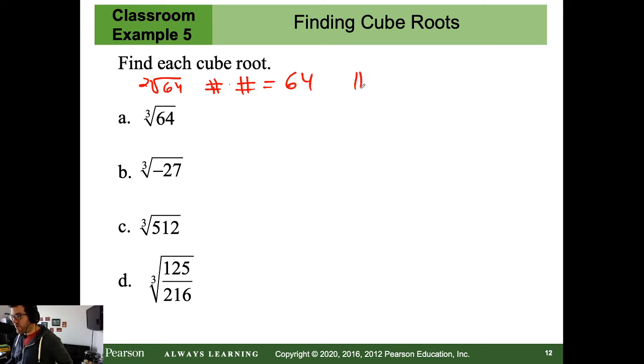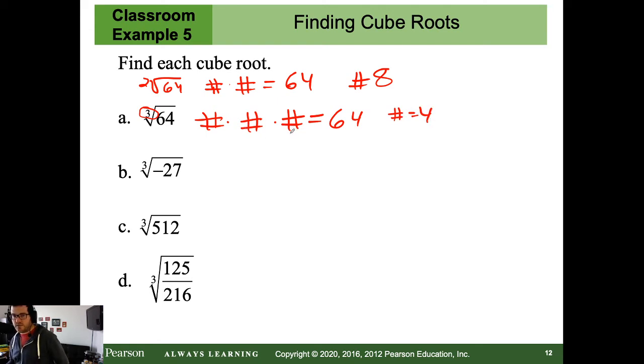And that number would be 8. Here, because of the 3, we're saying there's some number times some number times some number that equals 64. In this case, that number is 4, because 4 times 4 is 16, times 4 is 64. So the cube root of 64 is 4.